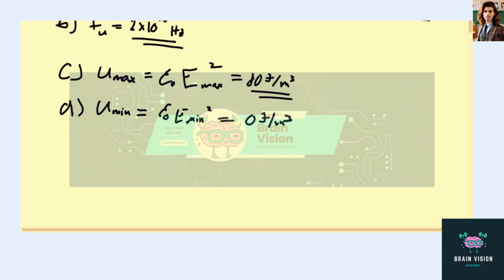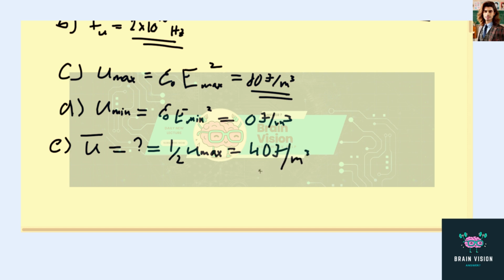Now, in part E, we're asked to find the average energy density, so E is asking what U bar is. This is just half of U max, so it's 40 joules per meter cubed.